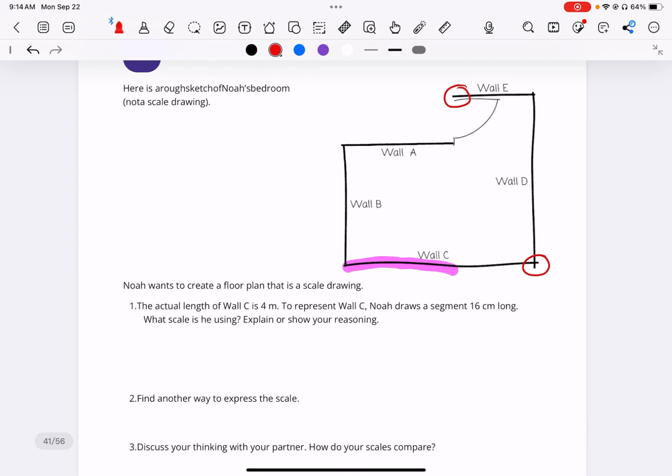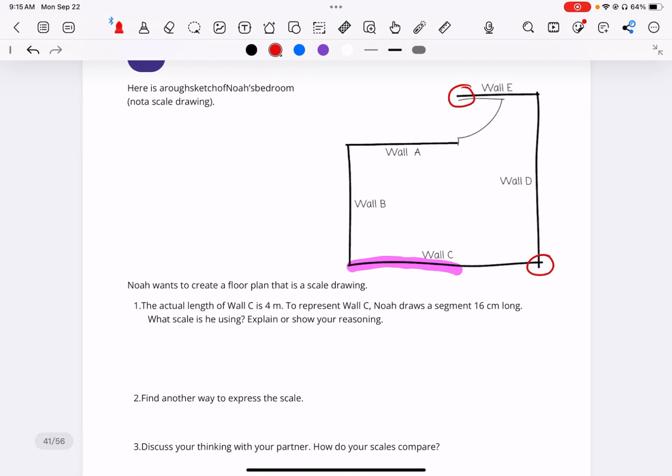The actual length of wall C is 4 meters. Noah wants to draw a segment that's 16 centimeters long. So the scale that he's using would be 16 centimeters is equal to 4 meters.